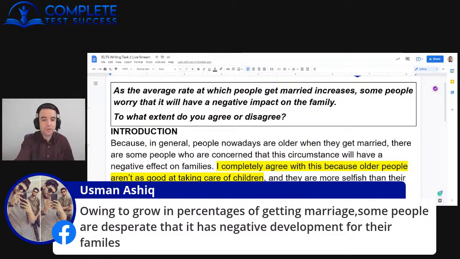The question is about all families, or any family who has older parents, or where the parents got married at an older age, or just the families got married. It doesn't even necessarily mean that they had children, so just a married couple would be a family as well. But yeah, so when you said their families, that changes the meaning.